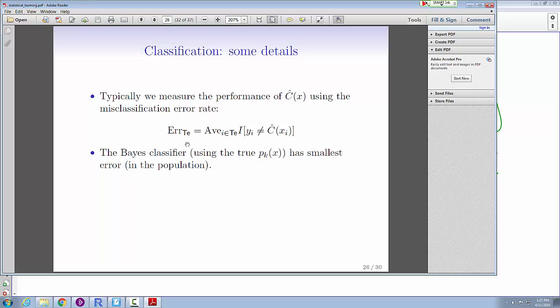Mean squared error for numerical response, misclassification rate for categorical response. The same issues apply in terms of trade-offs between flexibility and interpretability, between variability and bias. So we still have this issue of a linear model may do very well even when the relationship is not linear in some cases.